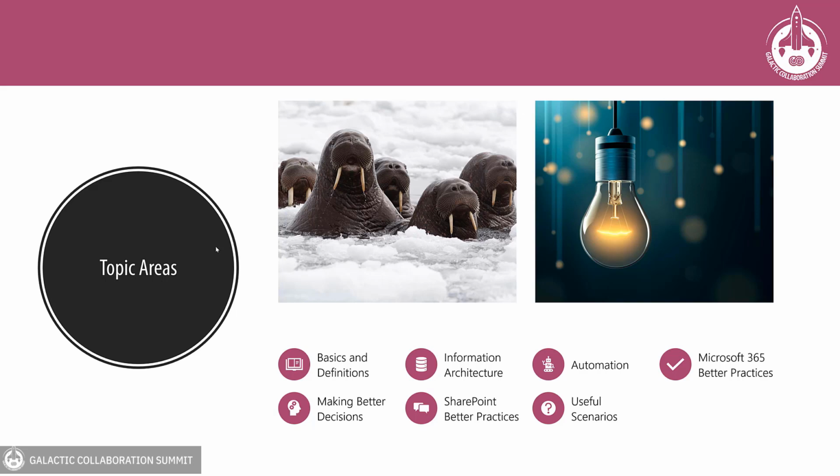And we want to try and capture some of those better decision ideas, hopefully mostly in terms of scenarios. How do we describe some scenarios that can help you get to a better decision-making point? Some SharePoint better practices. Like I said, I'm a SharePoint guy from way back, so of course there's some content focused specifically on SharePoint. I expect that we'll see some content specifically focused on some other services as well.